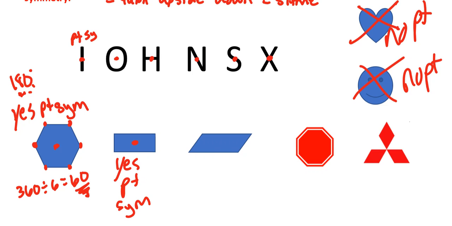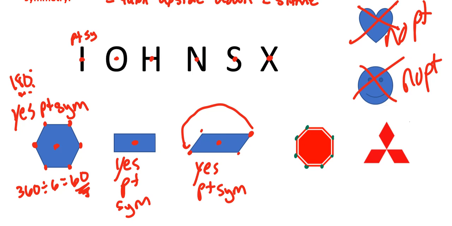For the next one, the parallelogram. This one would also work, even though these are different here. If we rotate it 180, it would end up being the same. So yes, point symmetry. For the octagon with the 8 sides, again, technically we would figure out the degree. We already figured it out earlier.